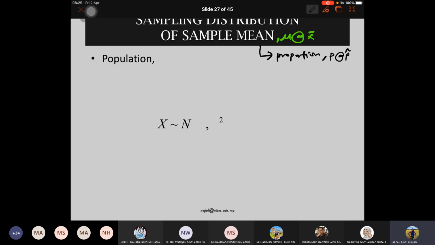Okay. So untuk population, given that X follow a normal distribution, katakan awak ada population data and the population follow a normal distribution.